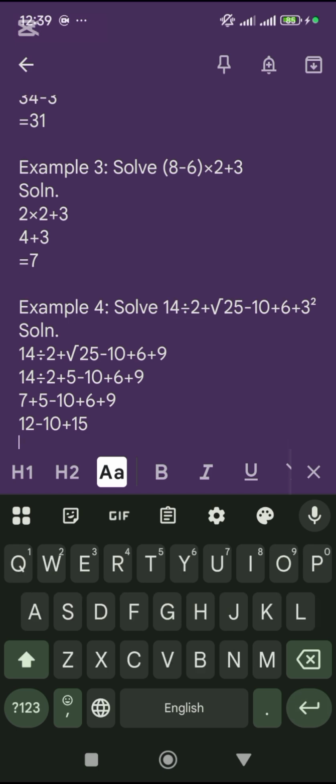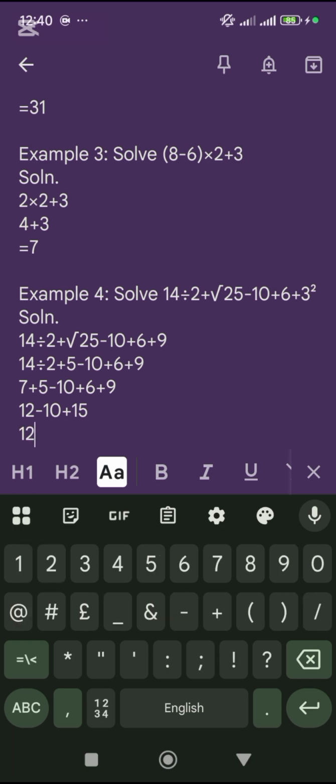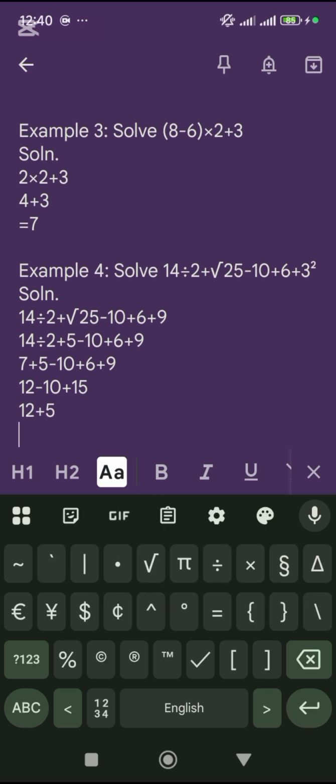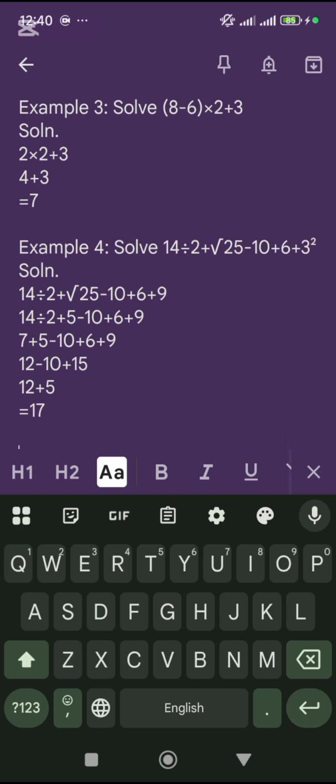And so that we can have minus 10 plus 15, which is plus 5. So that when we add up these, we can have 17, and that will be your answer.